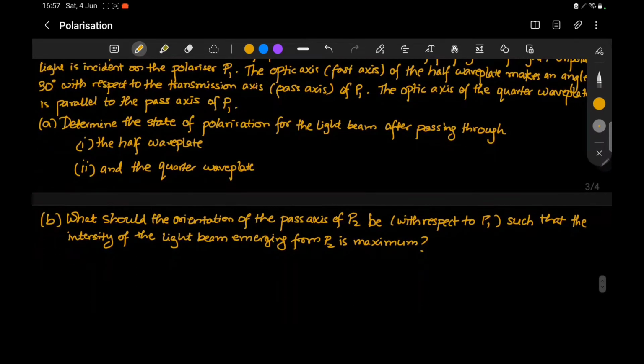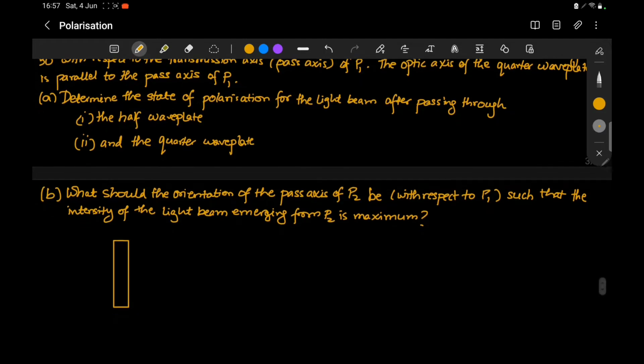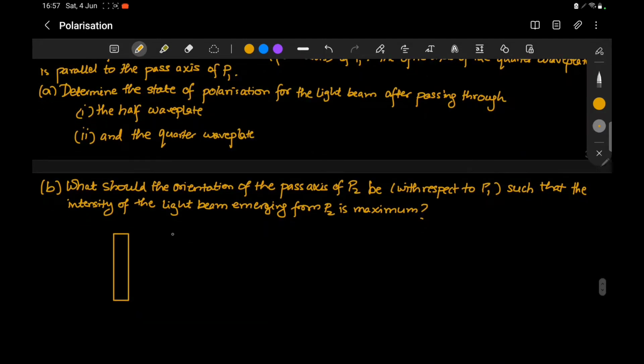Let us first draw the diagram of this question. So we have a polarizer P1, then we have a half wave plate followed by a quarter wave plate, and finally another polarizer P2.